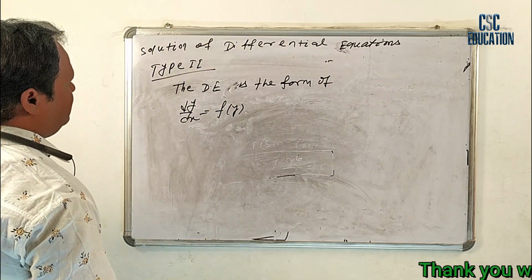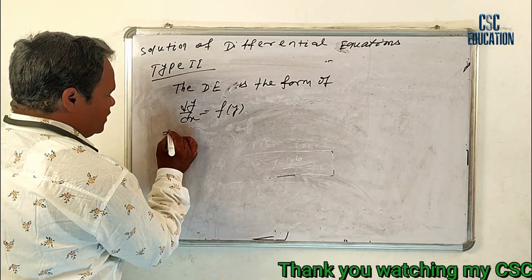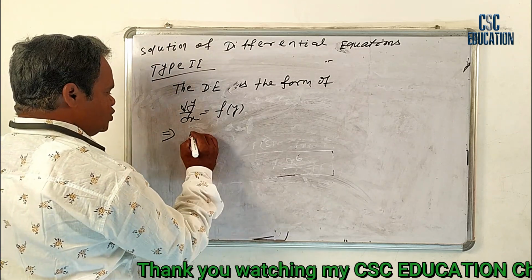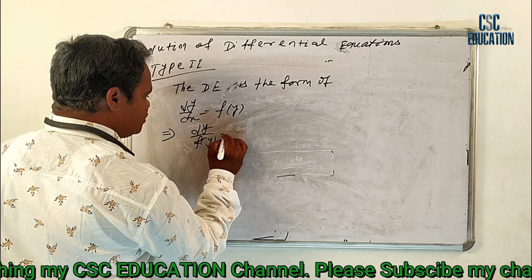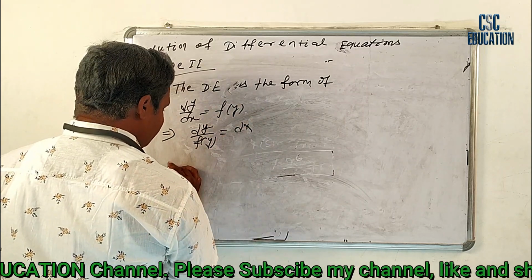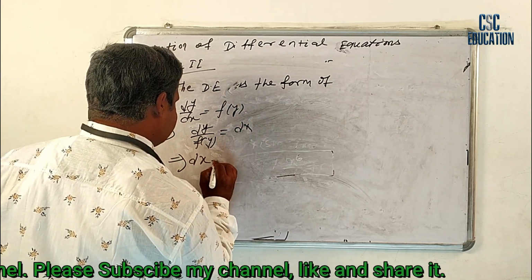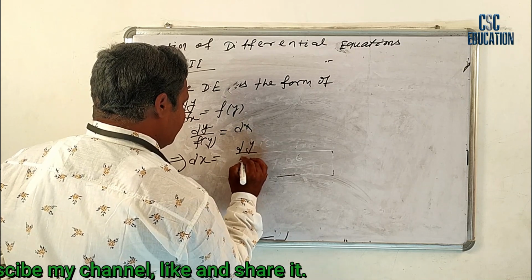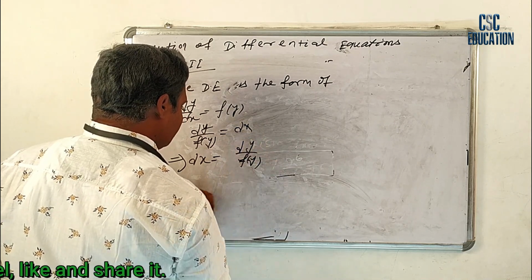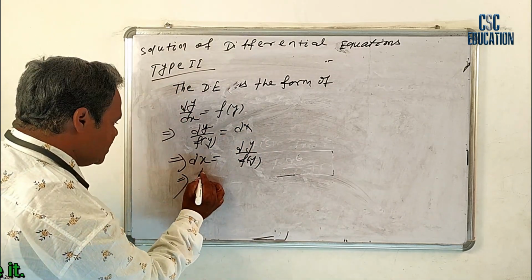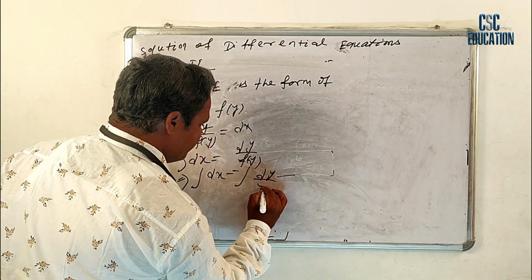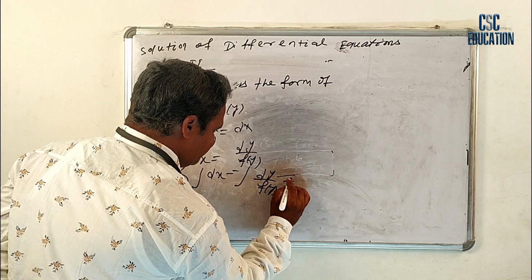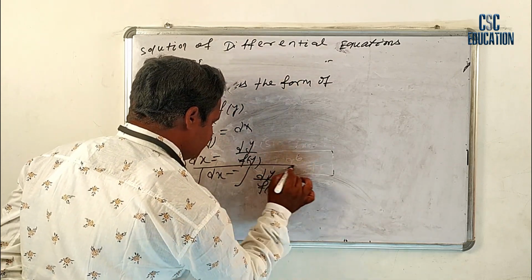In this form, separate the variables, so that dy by f of y equals dx. Now convert it: dx equals dy by f of y. Now integrating both sides, x equals the integration of dy by f of y plus c. That is your solution.